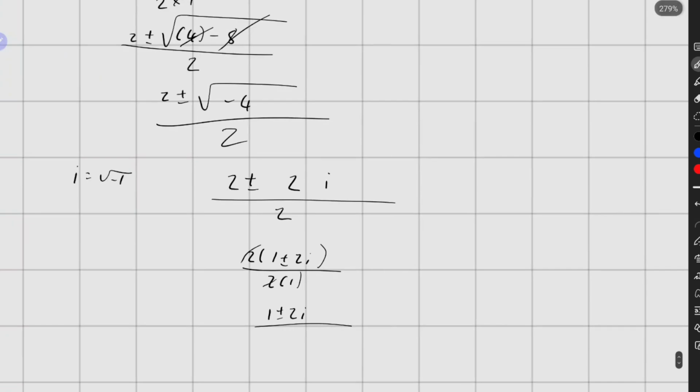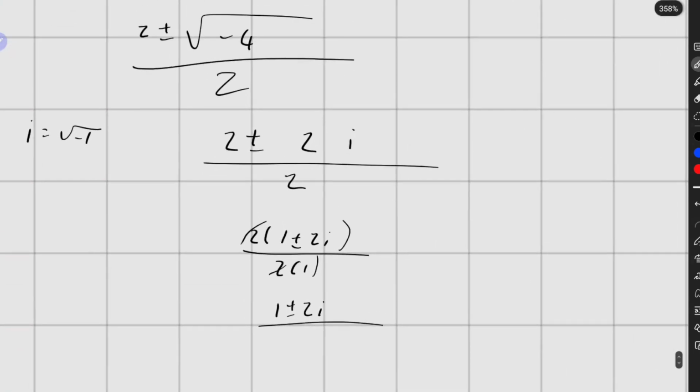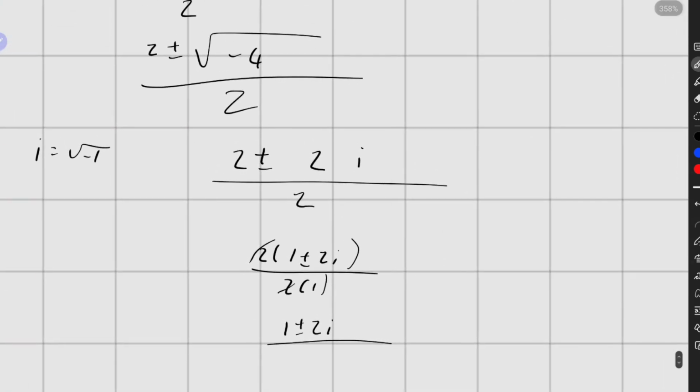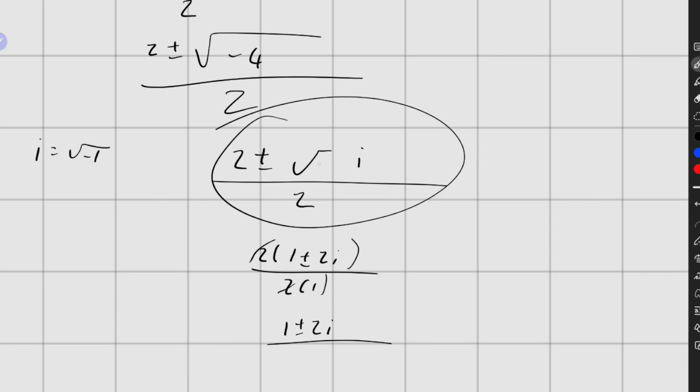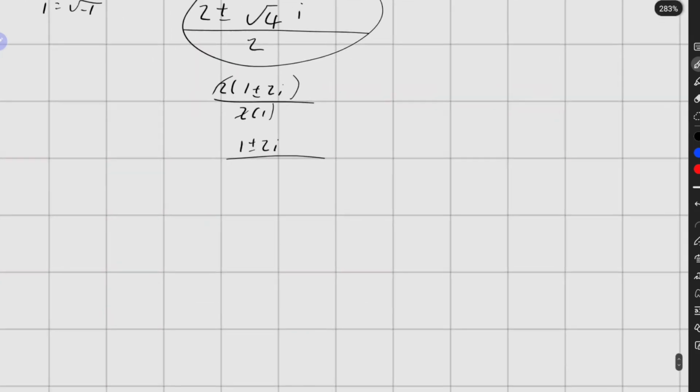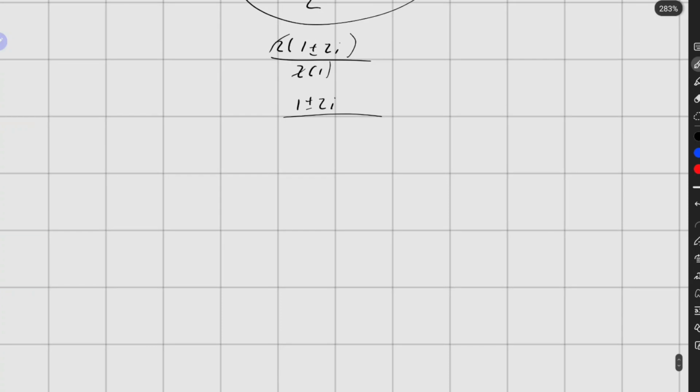But if you left it in the previous form as well, you'd be fine. It's not that big a deal, but it is good to simplify things down, especially when you can. And during exams, you will pick up a few marks.